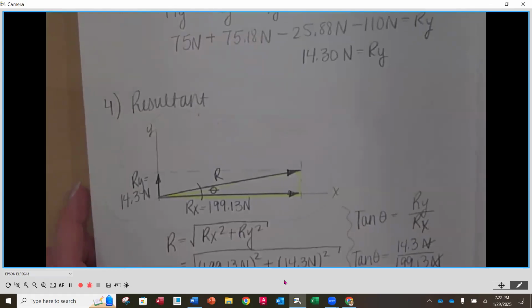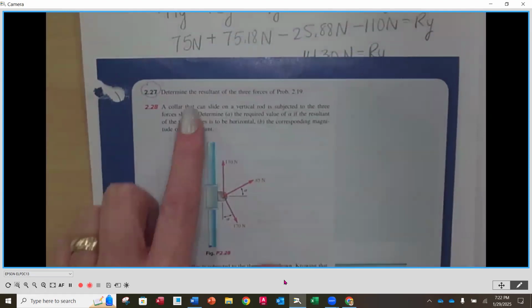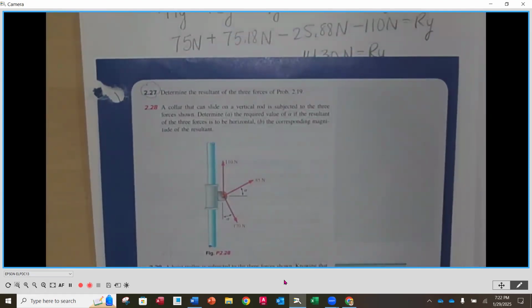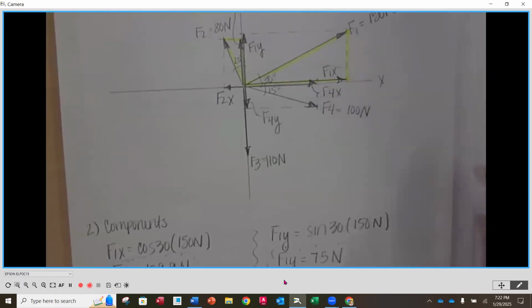Okay. And then the same thing for number 27. Number 27 at the top of the next page says, determine the resultant of the three forces for problem 219. Problem 219, you calculated the individual components. So again, rectangular component method to solve for the final resultant. So again, starting with your diagram, right?